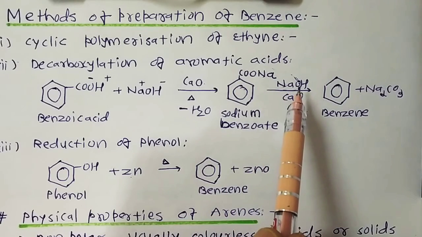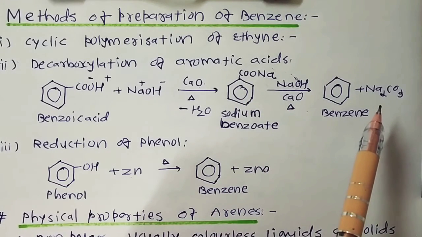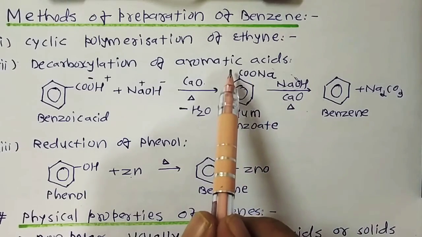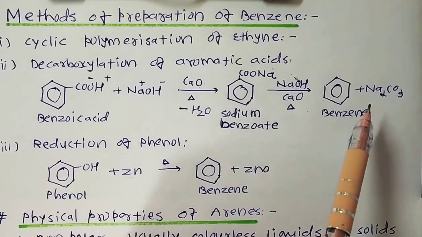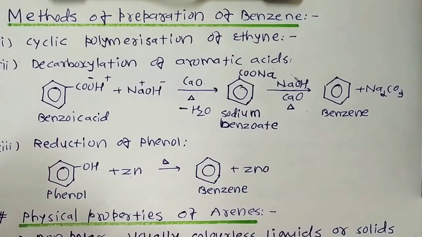Hydrogen is attached to the phenyl ring and it is converted into benzene, and sodium carbonate is released. Simply, CO2 is removed. What's the trick of this benzoic acid reaction? You simply remove CO2, so you get the product benzene. This is one of the methods to form benzene.